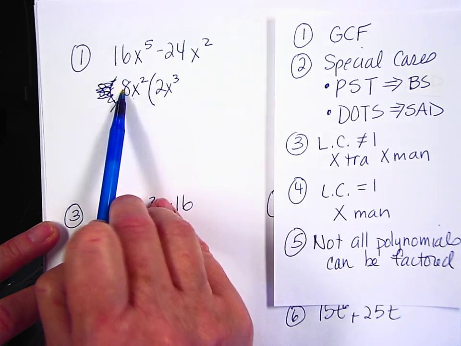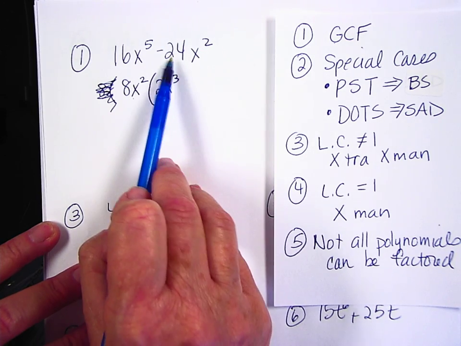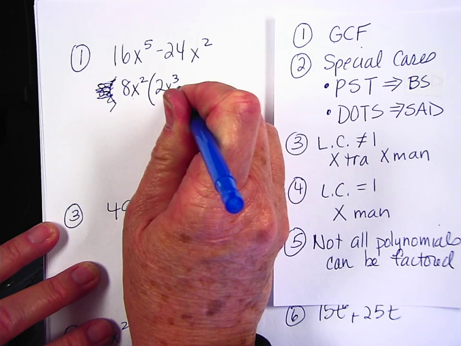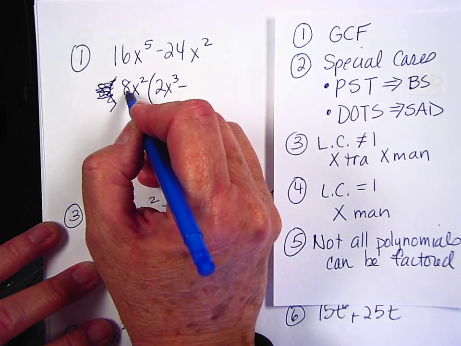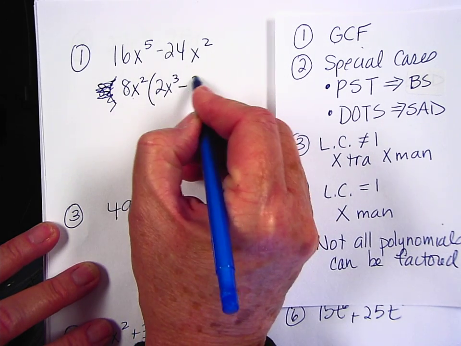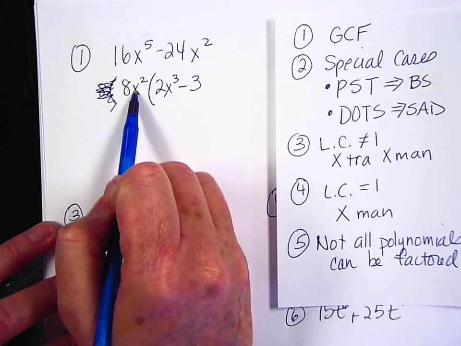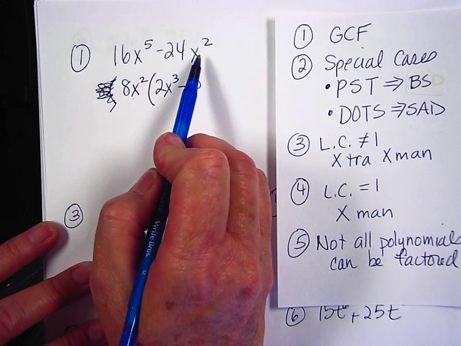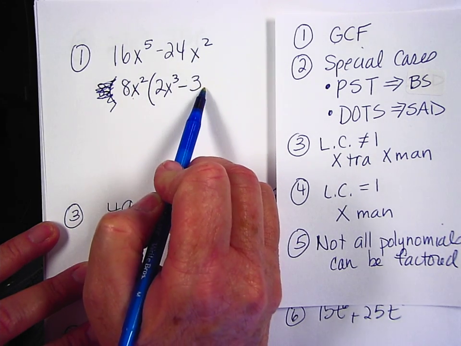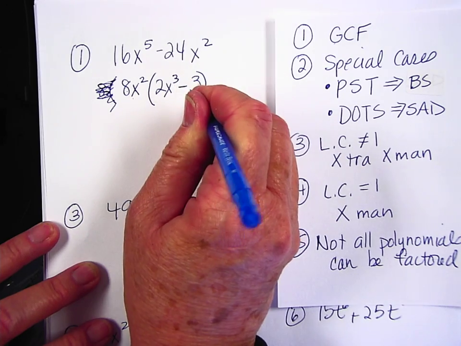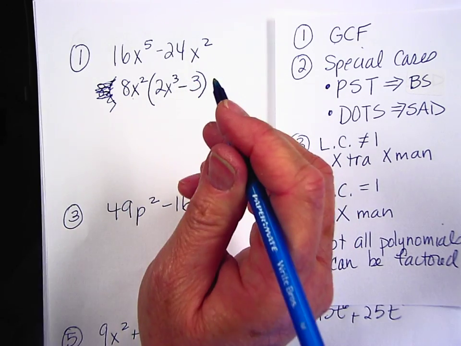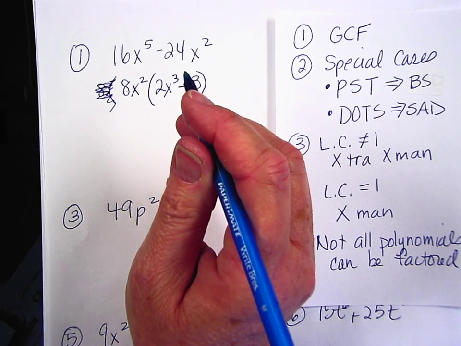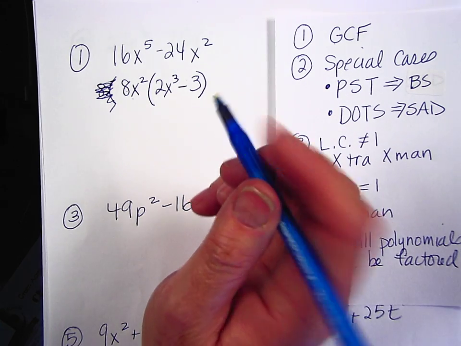Well, a positive times a negative will give me a negative, so I know this is going to be negative. 8 times 3 is 24. I have 2 x's here, and I only need 2 x's here, so I don't need any more x's right here. So there's my answer. 8x squared times 2x to the 3rd minus 3.